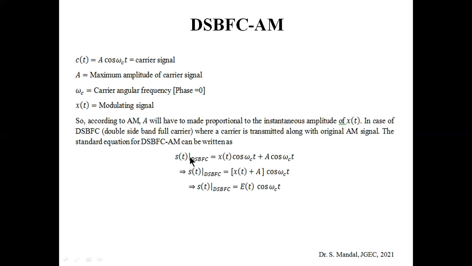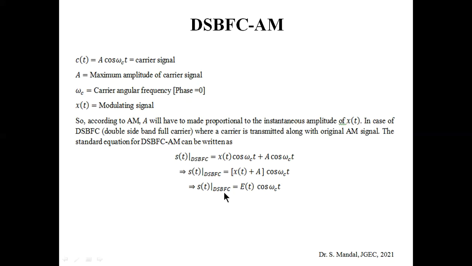So ultimately the standard equation for the DSBFC AM can be written as x(t) cos ω_c t plus A cos ω_c t. Okay, so if you take out the common cos ω_c t from this equation, that will become (x(t) plus A) into cos ω_c t.